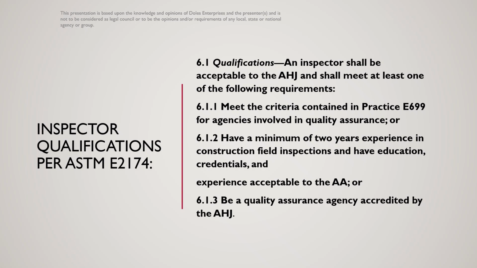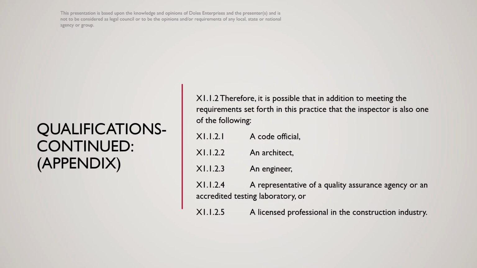Inspector qualifications per ASTM E2174 are quite simple. The inspector must be acceptable to the authority having jurisdiction. Additional information for the AHJ is required in the appendix under the qualification sections.